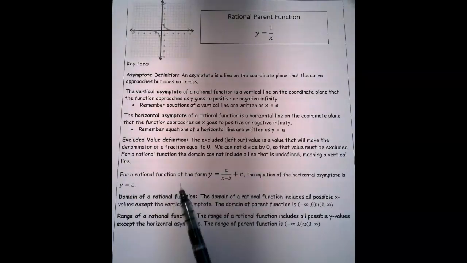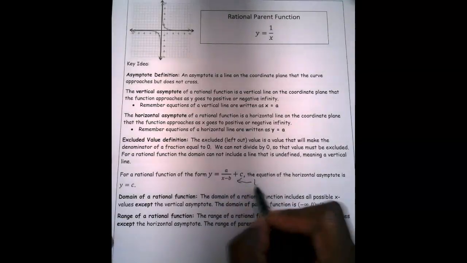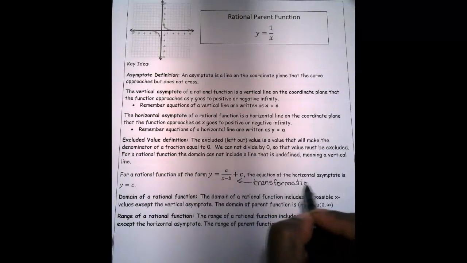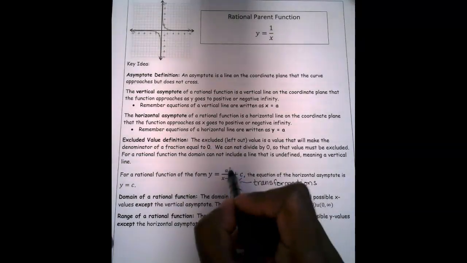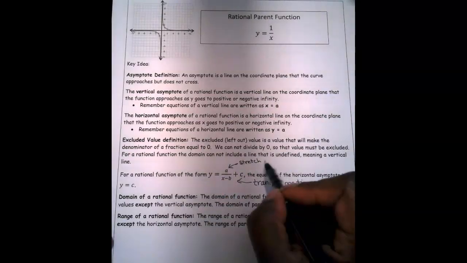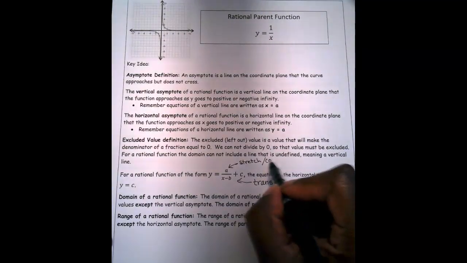So for a rational function of the form y is equal to a over x minus b plus c, this is the equation we use for transformations. And what we know is that here in the numerator, a is how much the function either stretches or compresses.